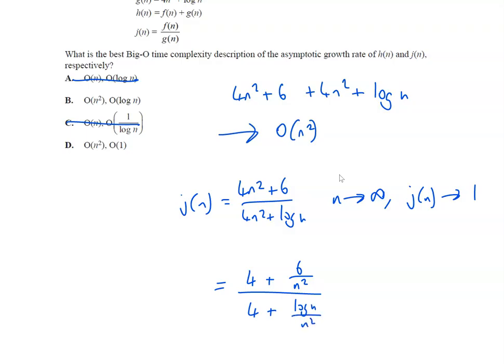Now I think it's easier to see. As n approaches infinity, we can see that this bit approaches 0, and we can see that this bit approaches 0, because the n squared dominates the log n. So we end up with 4 over 4, and so we end up with 1. So we end up with constant time for the last one, and the answer is D.